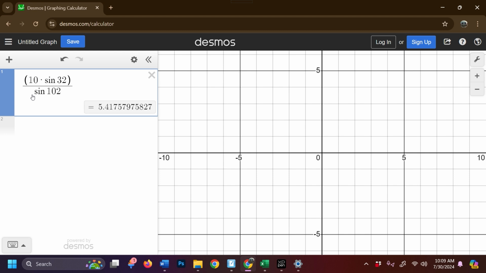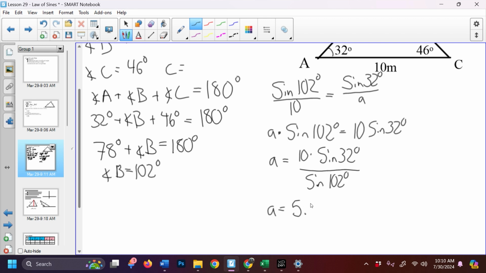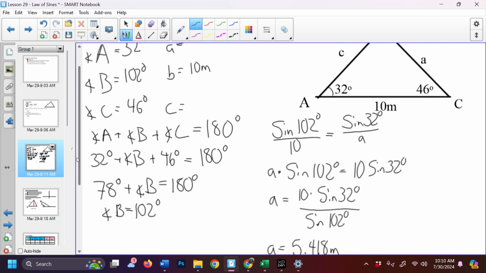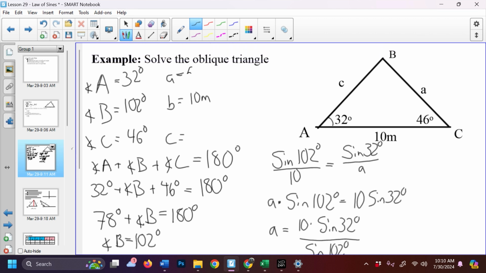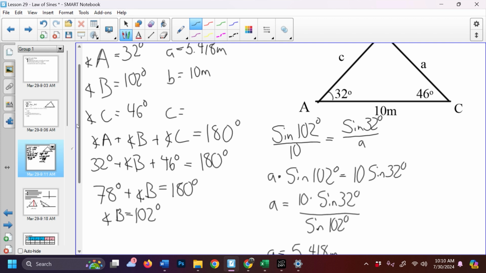So if we're rounded to three places for our final answer, this 5 is going to round that 7 up to an 8. And that will give me 5.418. And again, we're talking meters. So I'll go back up here. 5.418 meters.